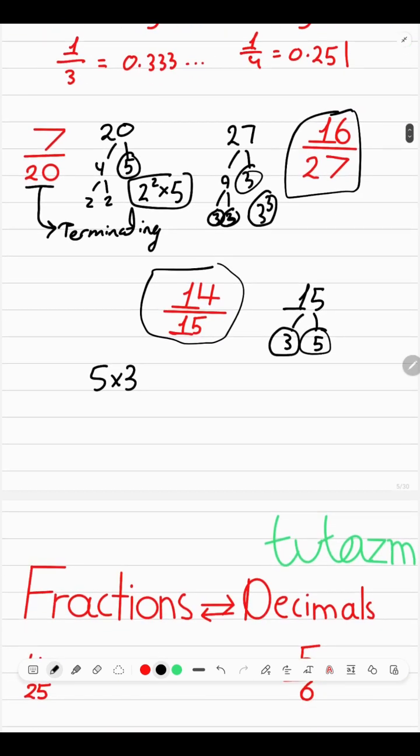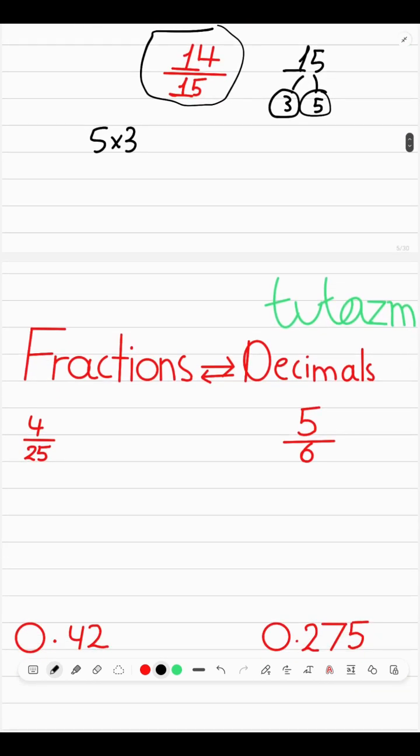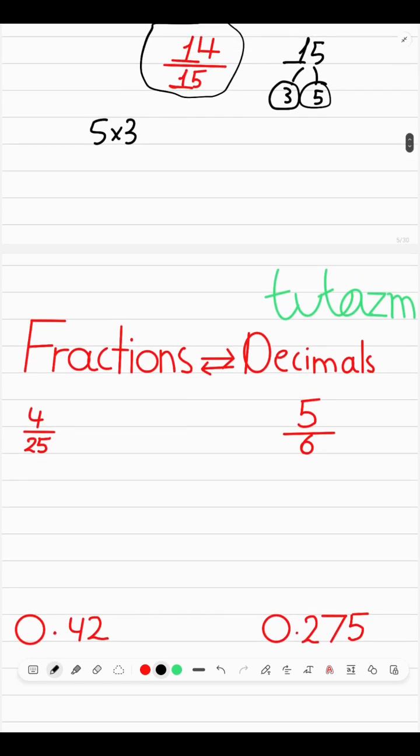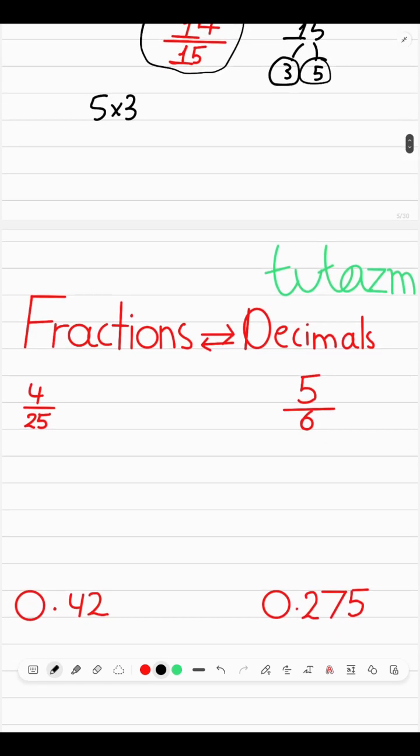Okay, next thing we're going to look at is converting between fractions and decimals. When converting from a fraction to a decimal, you can use short and long division in order to work out what the decimal form would be. So in this case, 4/25, we can use long division here. So you'd have 4 here and 25 here.